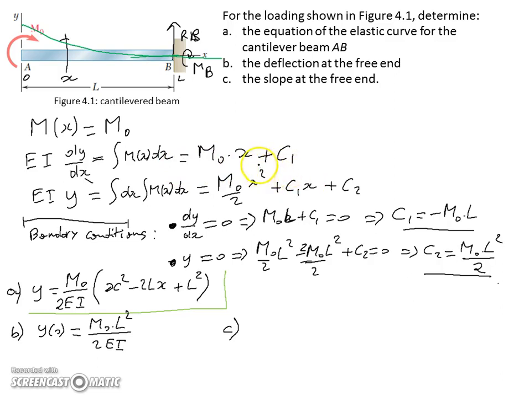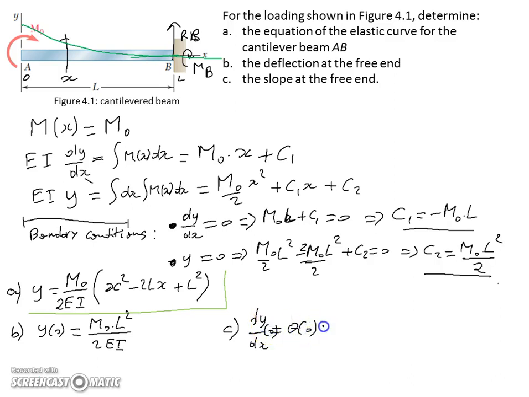We just need to replace C1 and divide by EI, and we end up with dy over dx, that's theta at 0.